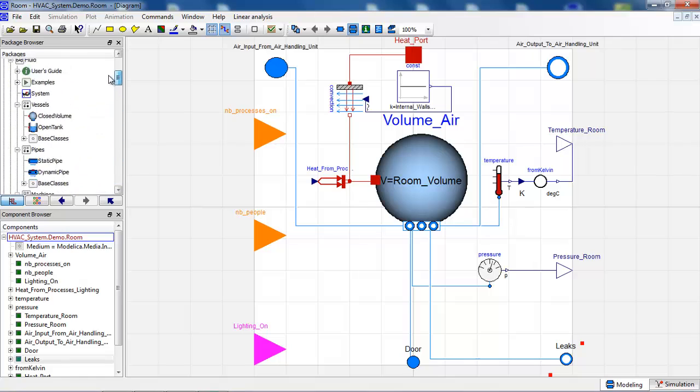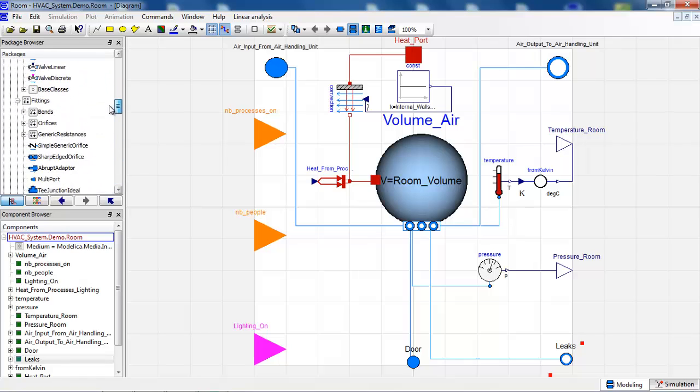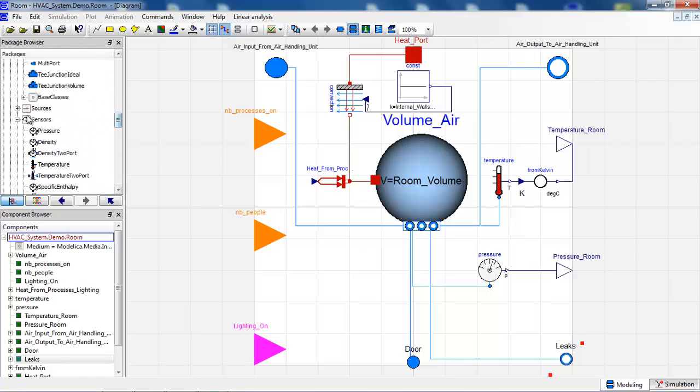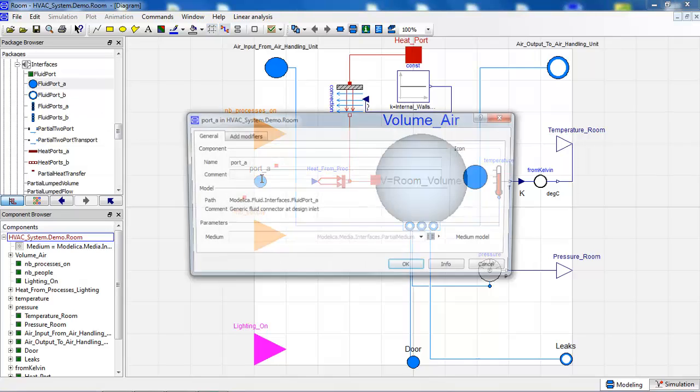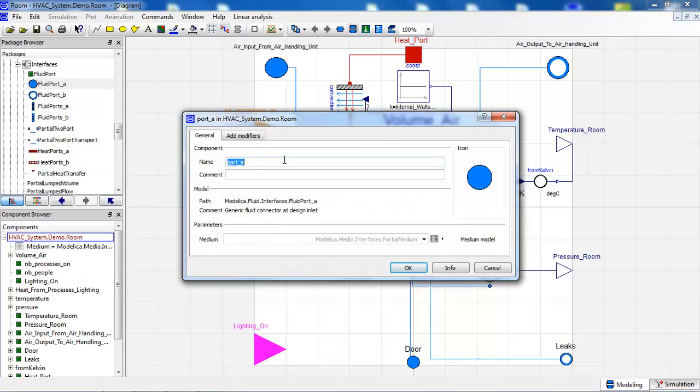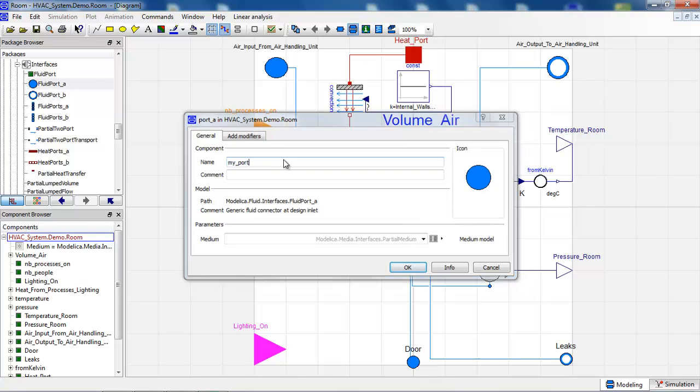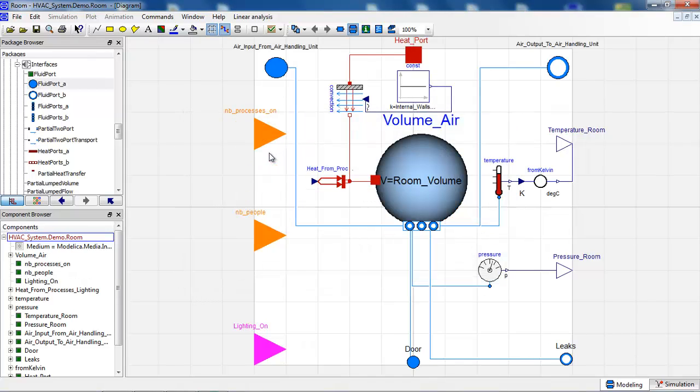All these components are easy to find in the Modelica fluid library, and you just have to drag and drop it as I'm doing now. Okay.